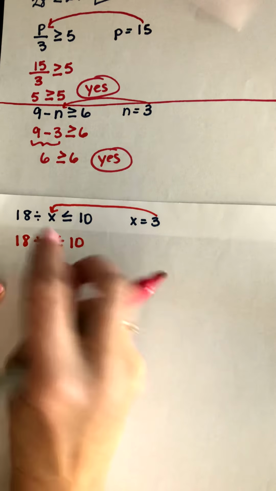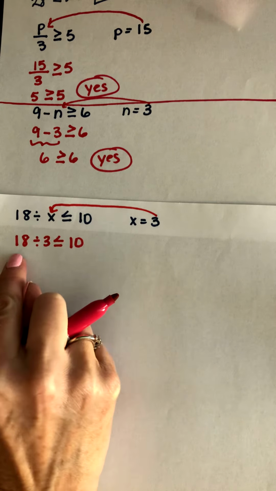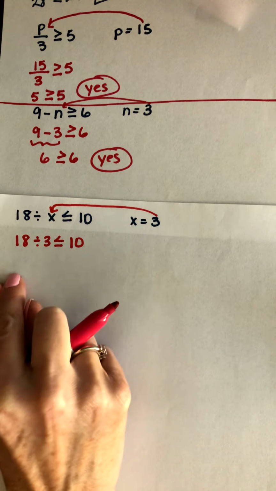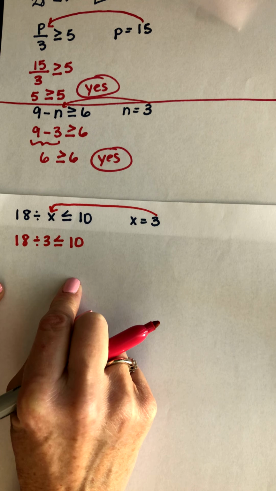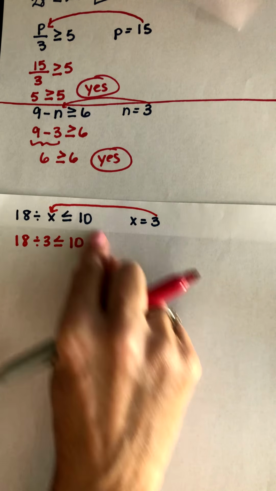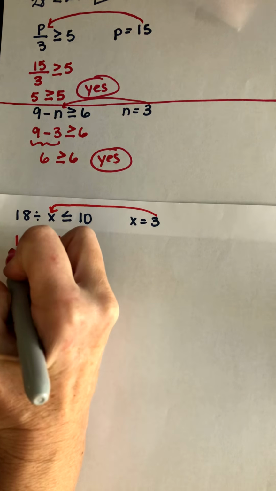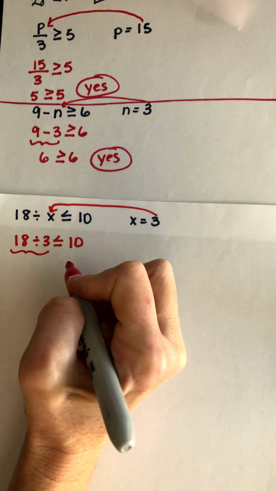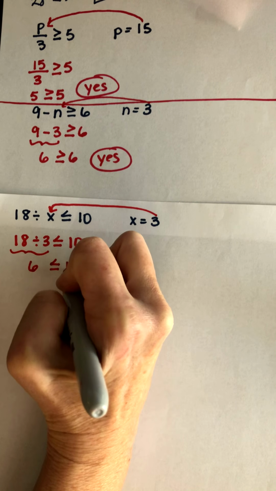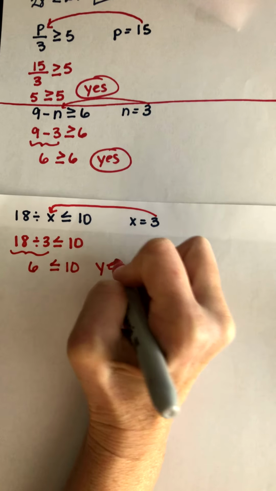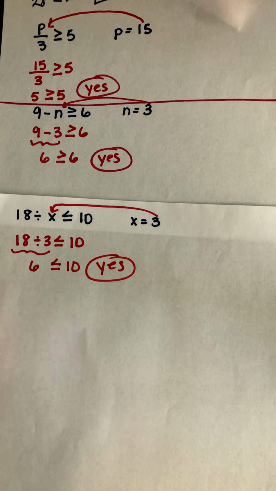Now you can see why I want you to write the original equation, plug in the values for your variables, and then solve when we were doing our checks with equations, because now this is all coming around where you have to be able to do this. Well, 18 divided by 3 is 6. Is 6 less than or equal to 10? Yes, it is, so therefore that works.